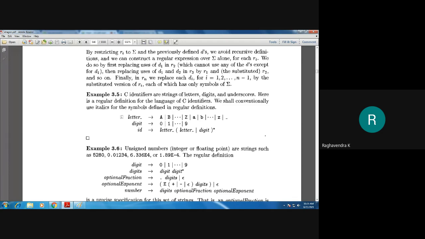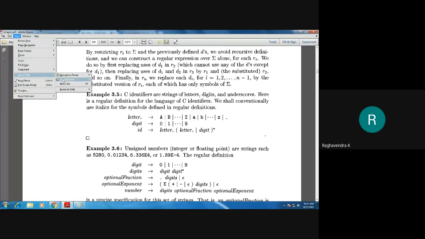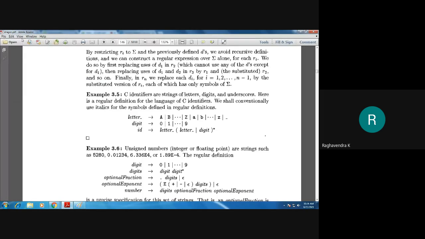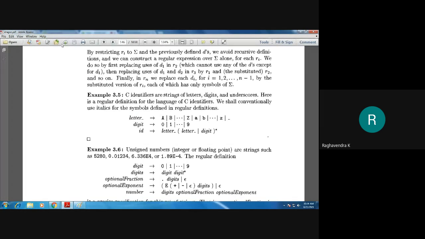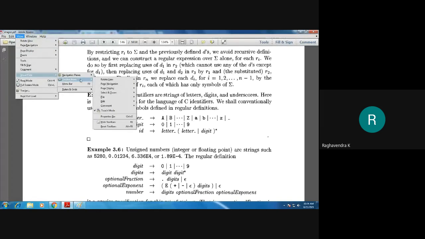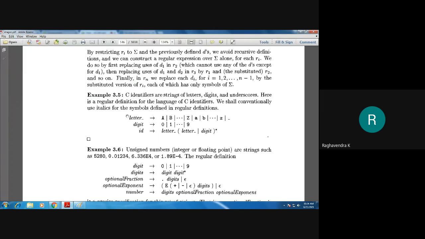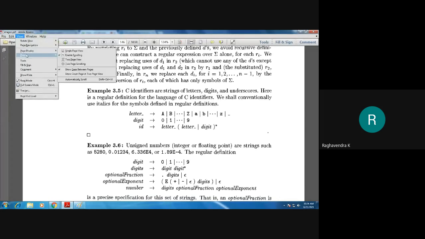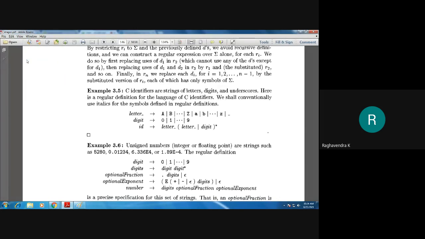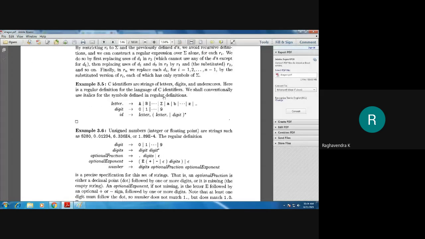So we can give a name to it called letter.